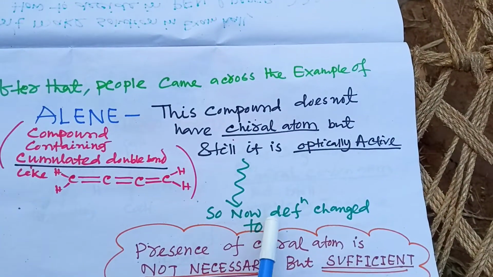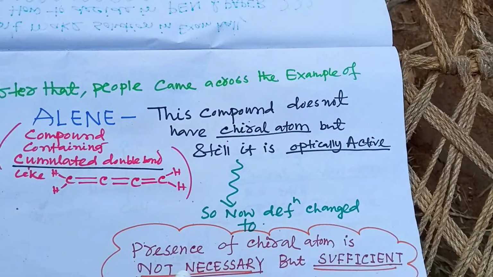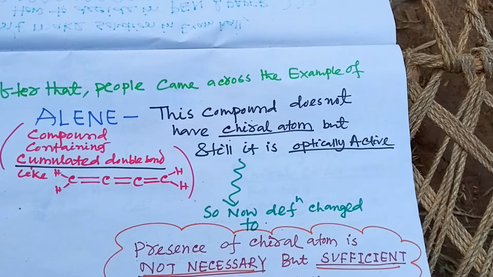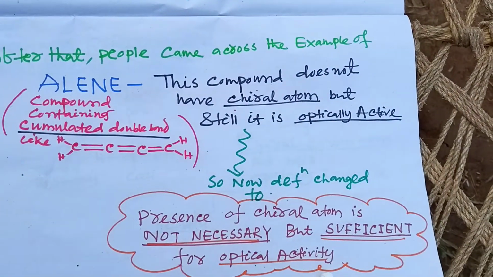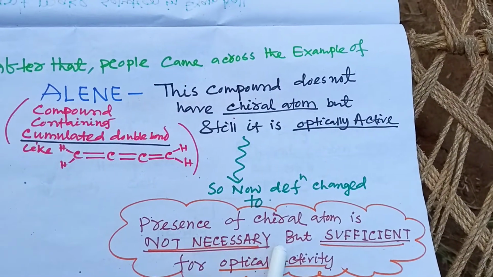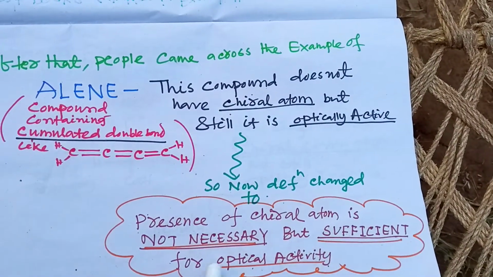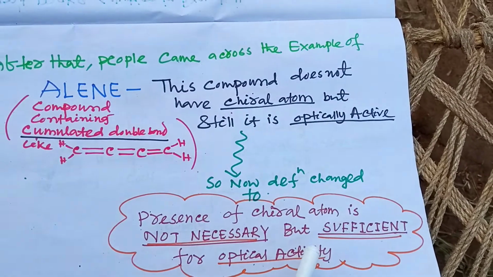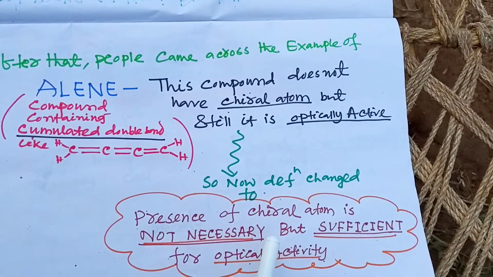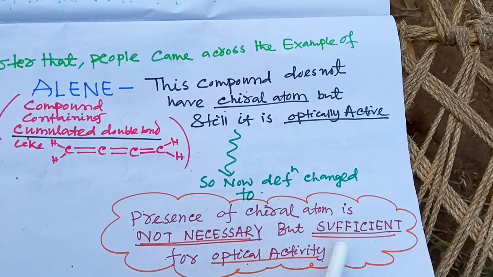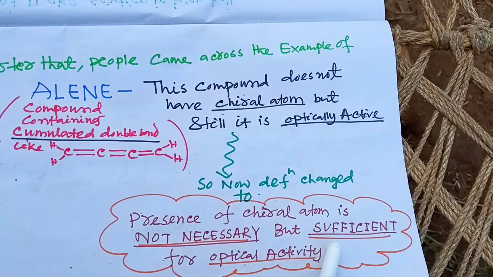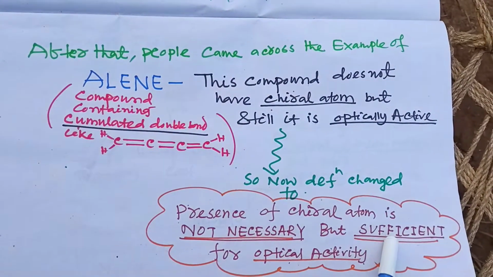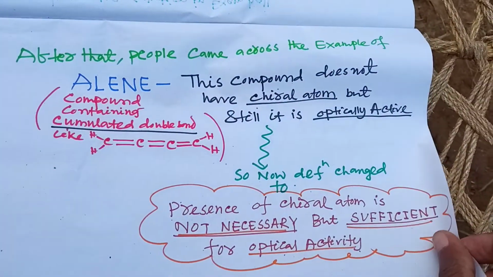So people changed their definition: the presence of a chiral atom is not necessary but sufficient for optical activity. That means if a compound does not have a chiral atom, it can still be optically active, but if a compound has a chiral atom, then it should be optically active.